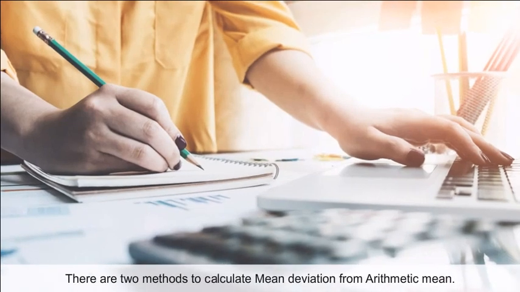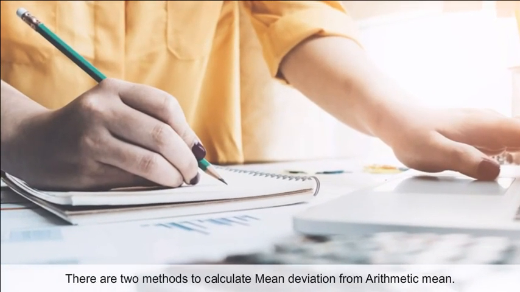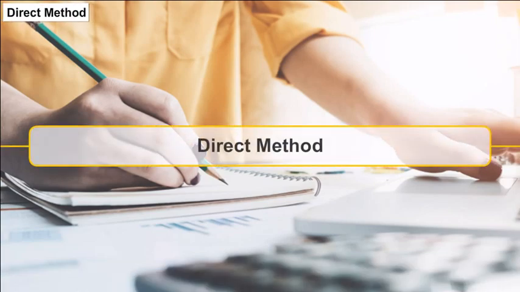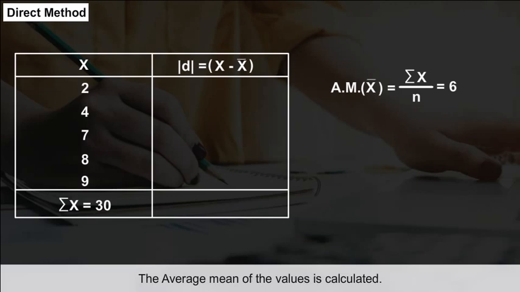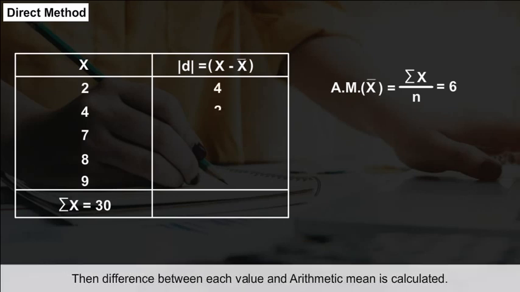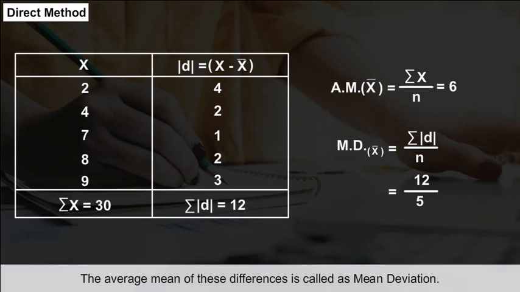There are two methods to calculate mean deviation from arithmetic mean. Direct method. The arithmetic mean of the values is calculated. Then, the difference between each value and the arithmetic mean is calculated. The average of these differences is called the mean deviation.